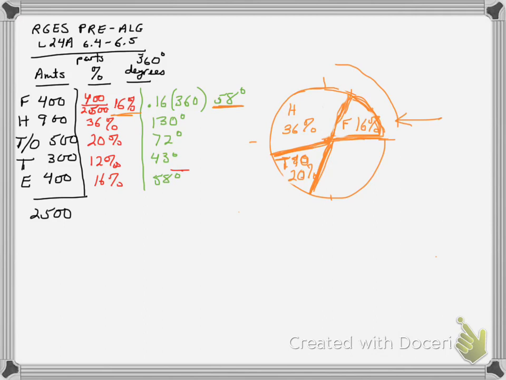Okay, so the next one then would be 43 degrees, and that's going to be for transportation. And maybe that'd be, I'm not doing this very well because I don't have a protractor with me, but this would be transportation, and that would be 12%, and then the final part, which should be equal to the food part, and that looks pretty close.